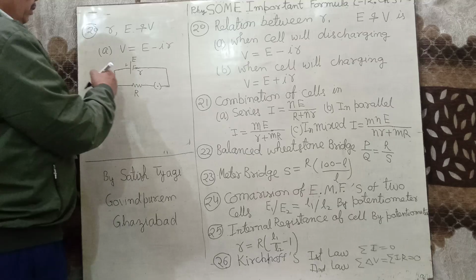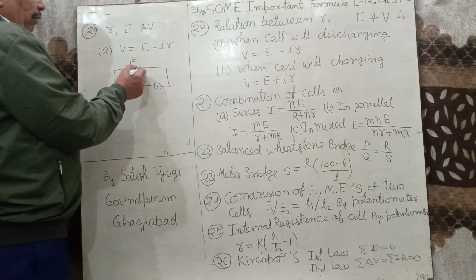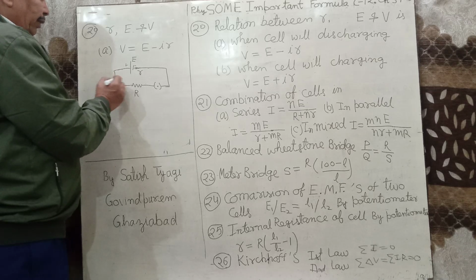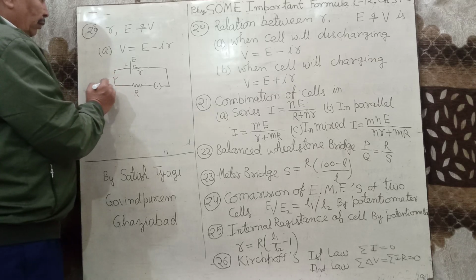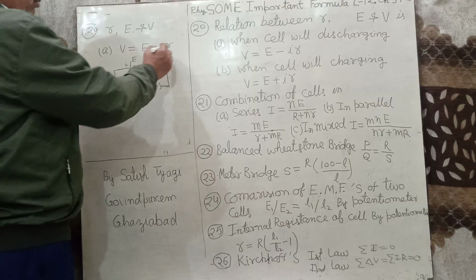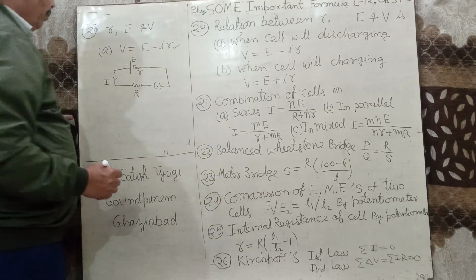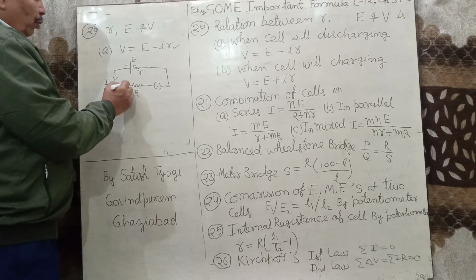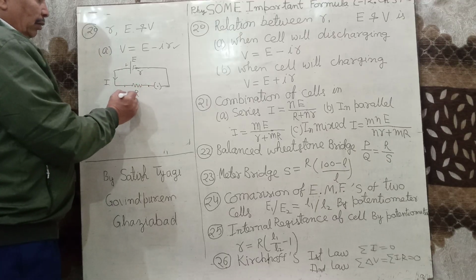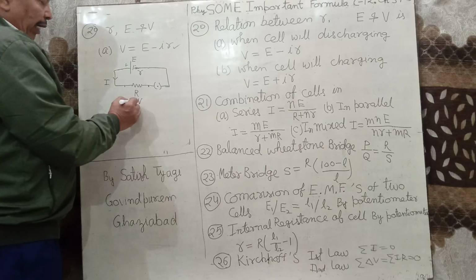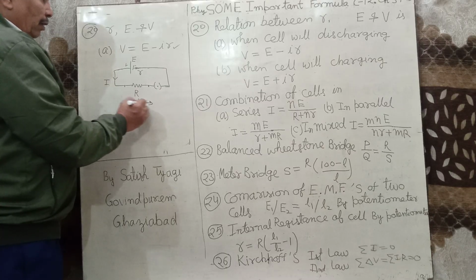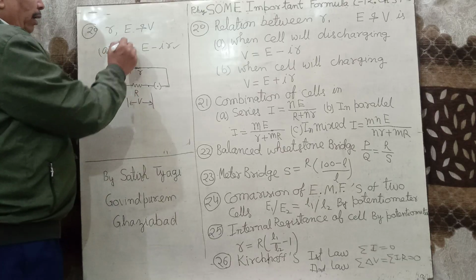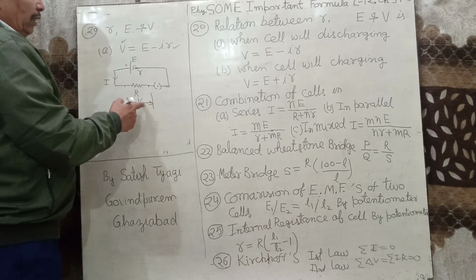In this condition, if the cell gives current in the circuit, then the formula is this, where V is the potential difference across the external resistance.